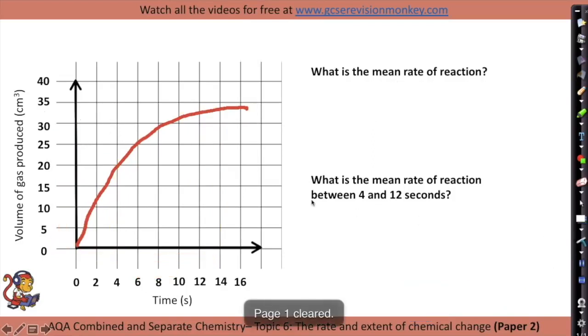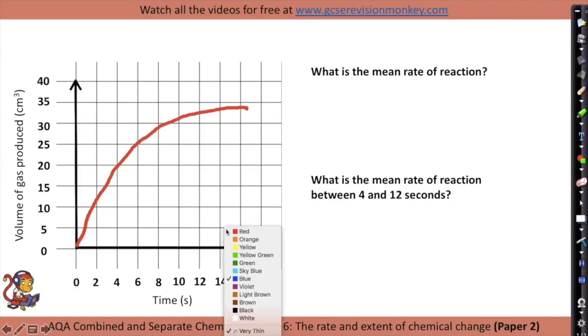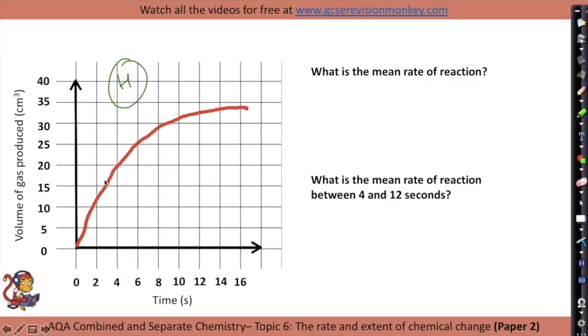The other thing you might have to do with graphs like this is draw lines on the graph to show a higher or lower rate of reaction. So for a higher rate of reaction, that would be one where you had a steeper gradient because more gas is being produced more quickly, and then it must finish at the same point as the first graph because you're not producing any more gas, you're just producing it quickly.